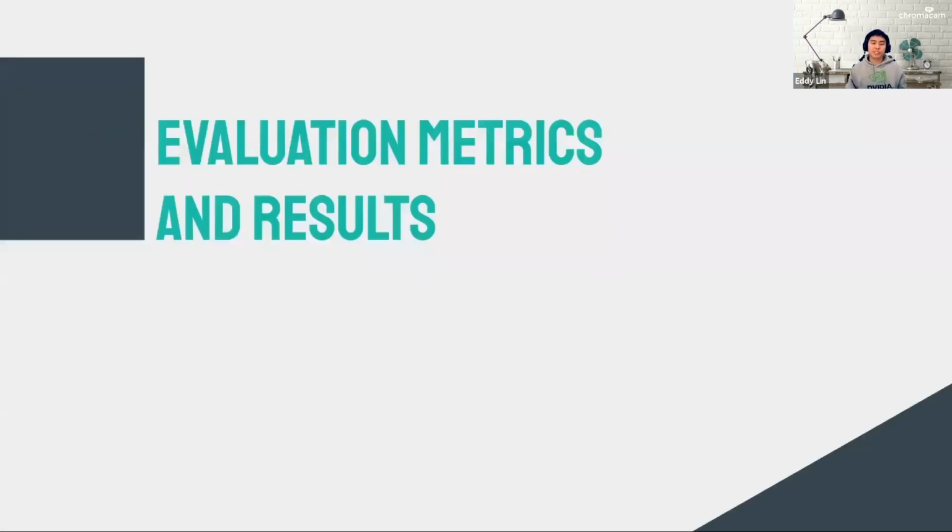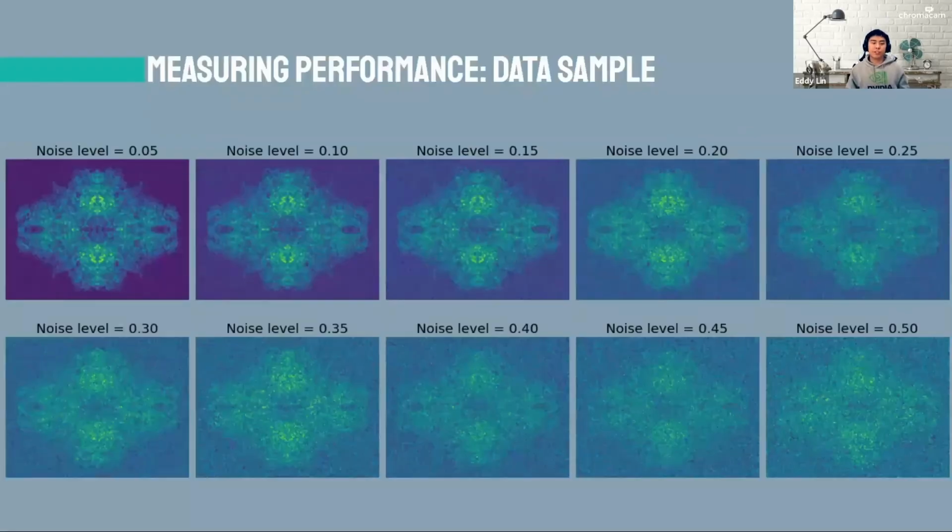Speaking of computationally expensive, let's talk about what we actually were hoping to achieve from this setup. First, does this even work? To do that, we wanted to measure the performance using PSNR on the data we showed earlier.